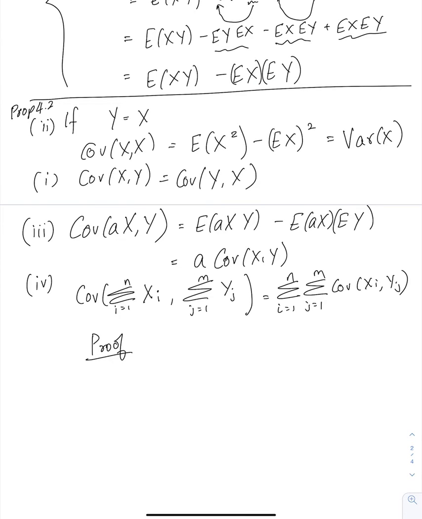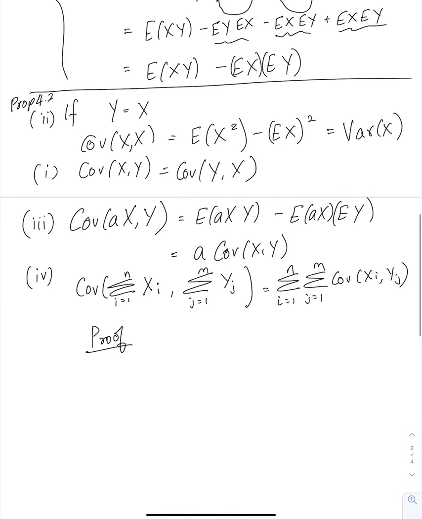What will you have? You want to look at the covariance of the sum of the xi's and the sum of the yj's. Okay, we're going to be using this term a lot. So we're going to use some shorthand notation for the expectation of xi and the expectation of yj's. Let mu i be the expectation of xi, and let nu j be the expectation of yj.